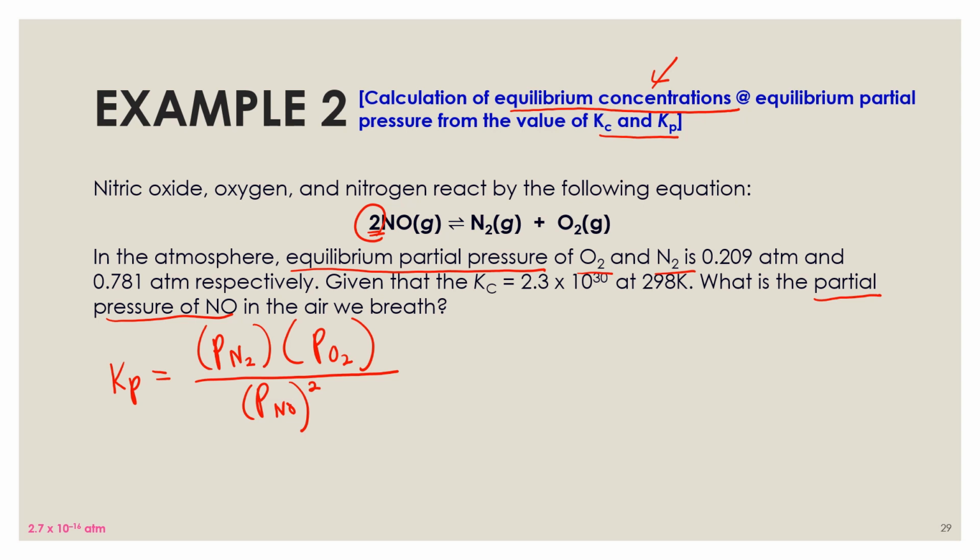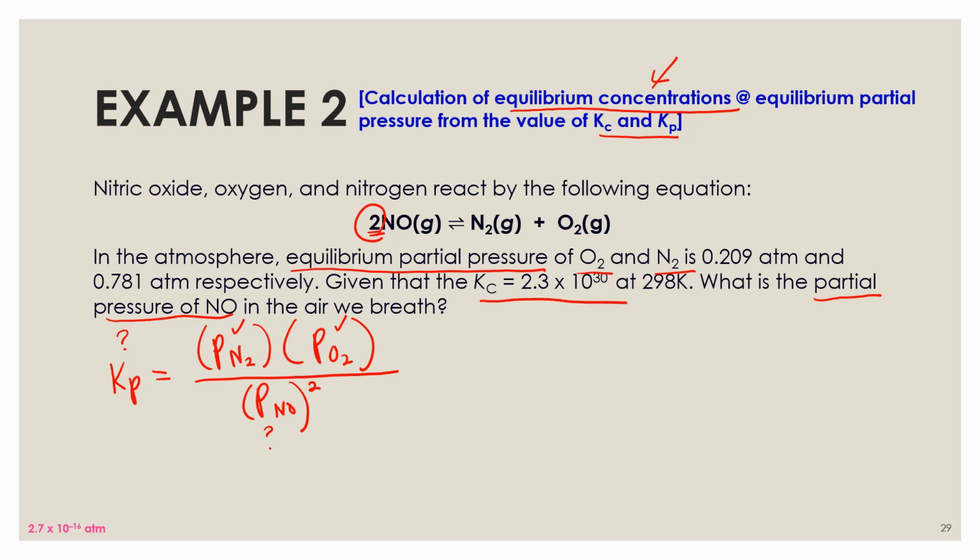So di sini, we already have the partial pressure of oxygen and the partial pressure of nitrogen, but we don't have the Kp value in order to find the partial pressure of nitrogen oxide. But we do have the value of Kc in the question.